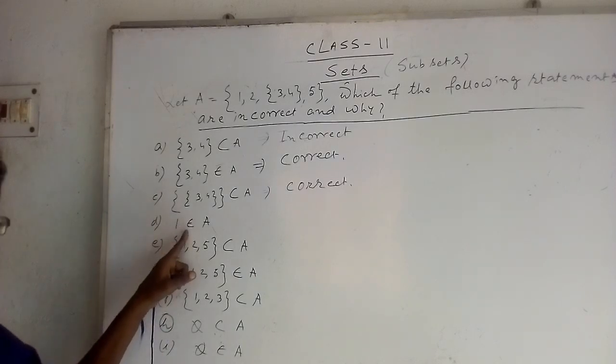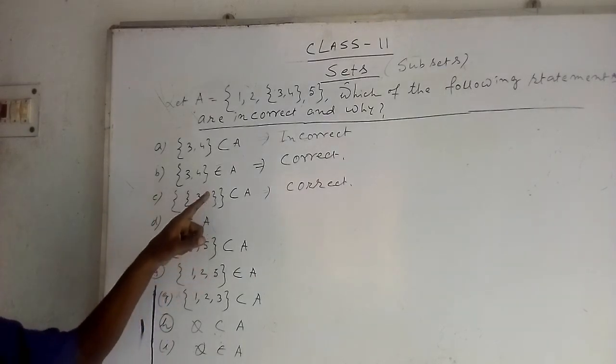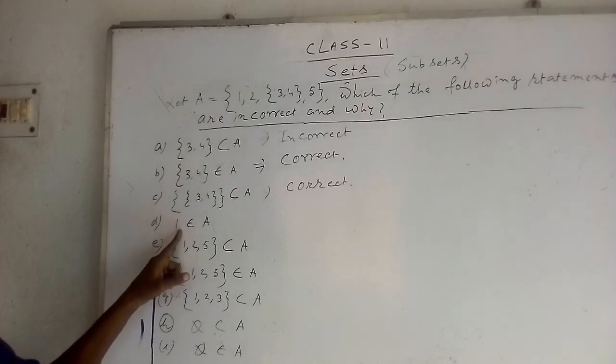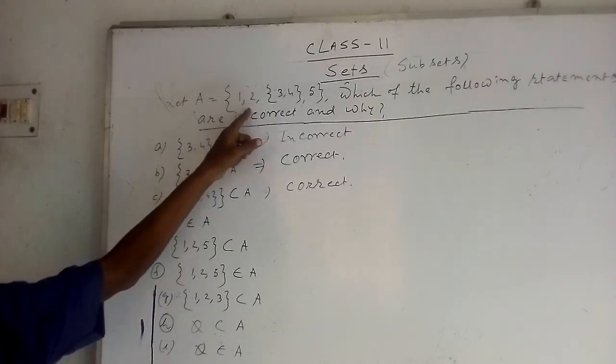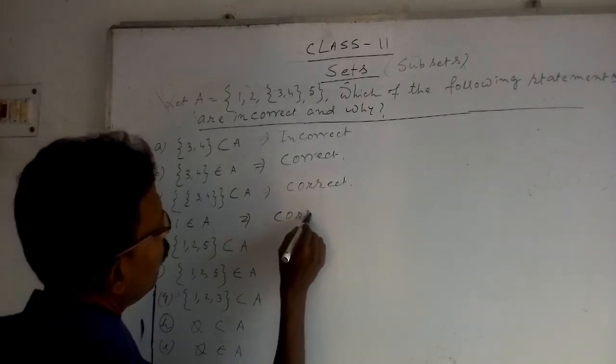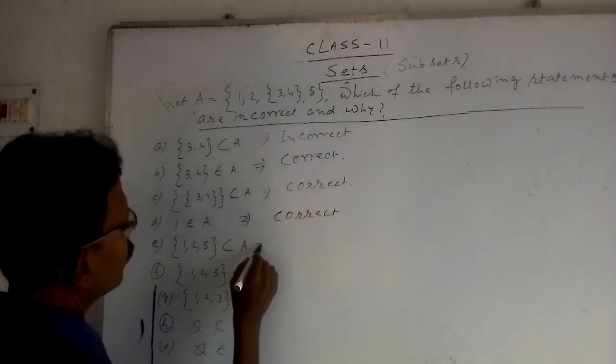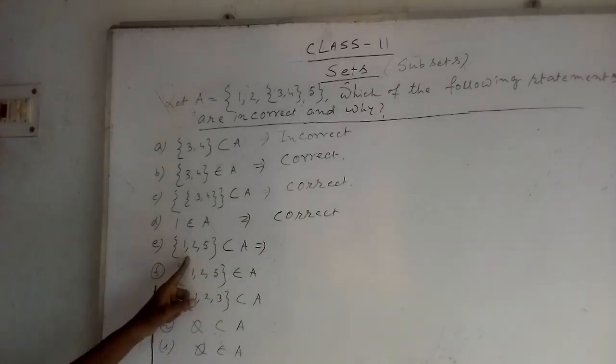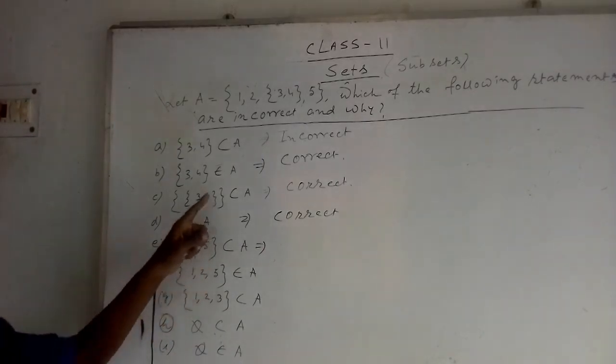Now come to the fourth point. 1 belongs to A. Yes, 1 is an element and 1 belongs to A. Therefore this is also a correct statement. Number E, {1, 2, 5}.